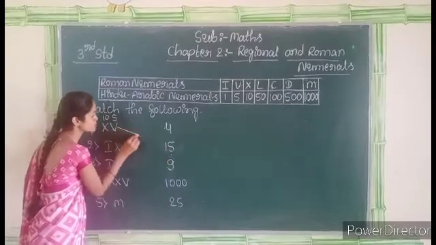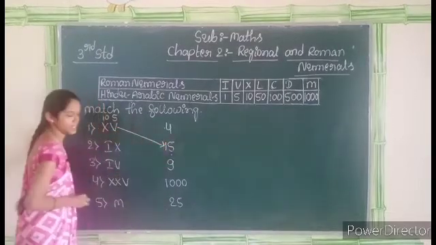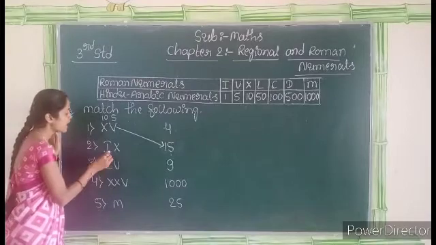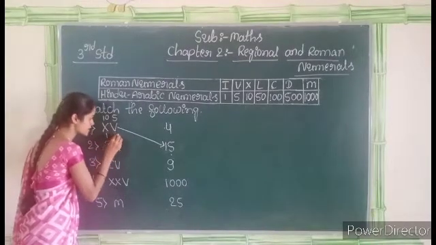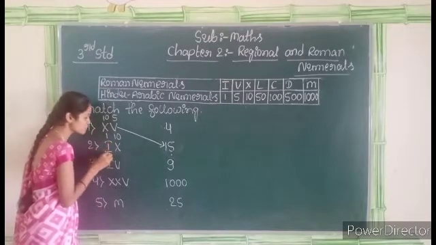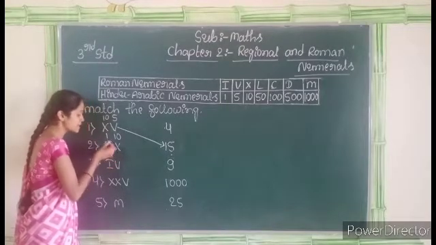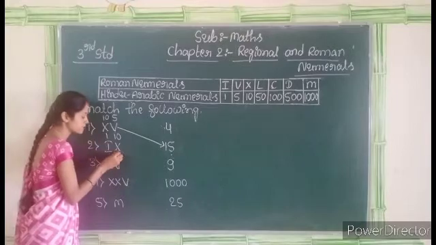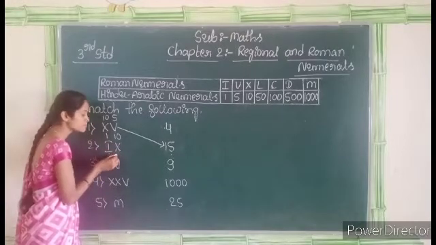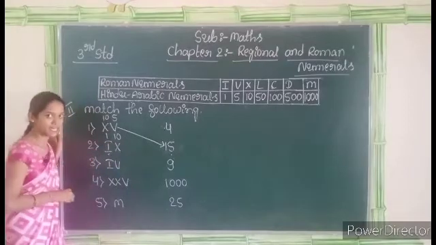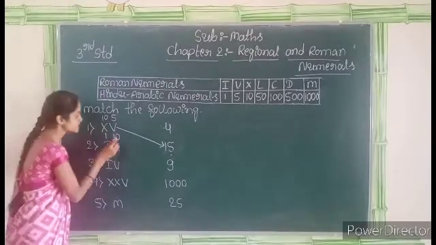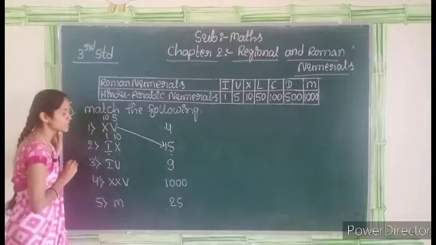So let's match these two. Then IX. I represents 1, X represents 10. When the symbol of a smaller value is written on the left side of the symbol of a greater value, at this time we have to subtract the smaller one from the greater one. That is 10 minus 1, 9.